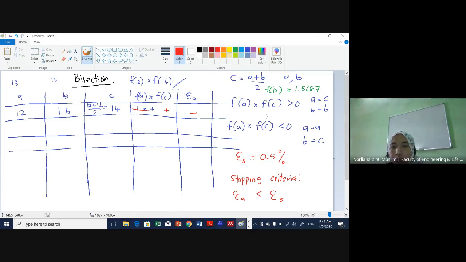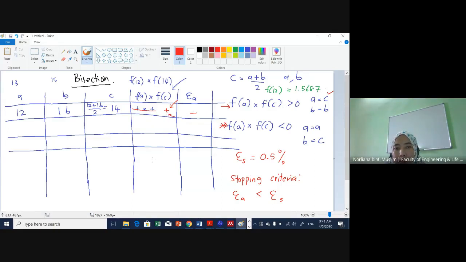Once we have identified this, we need to make sure which part we are going to use. Since we already found out it is positive, we'll be using this part. We cannot use the other one.